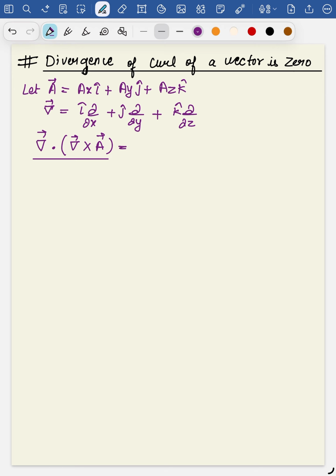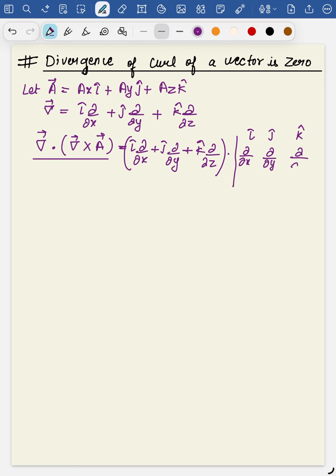First of all, write down the del operator, which is i cap del by del x, j cap del by del y, plus k cap del by del z, dot product. And to find the curl of A, we have to use the determinant method: i cap, j cap, k cap; del by del x, del by del y, del by del z; and Ax, Ay, Az.